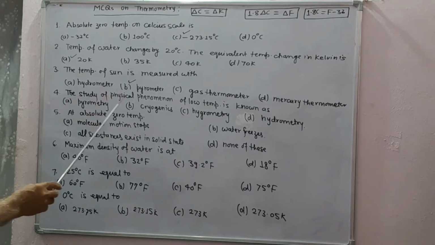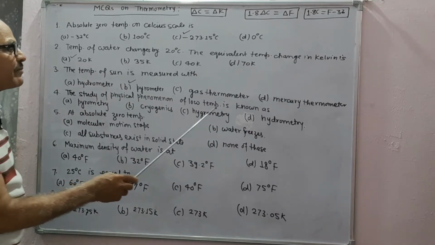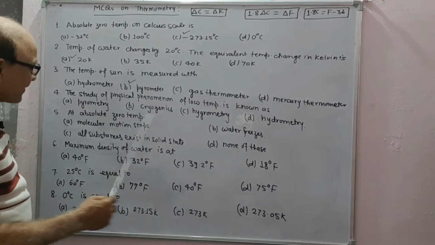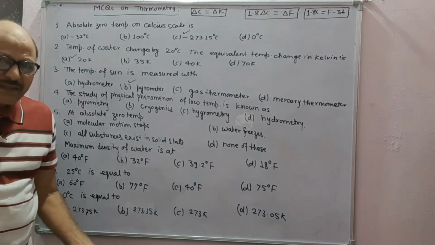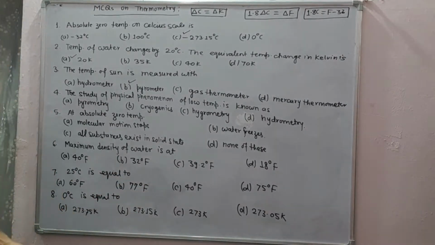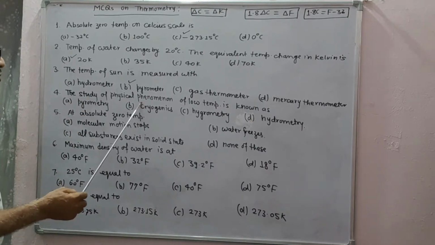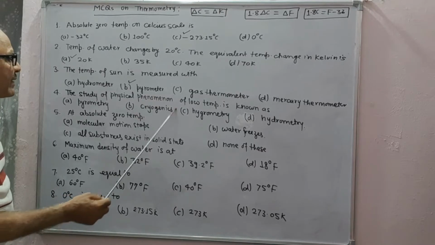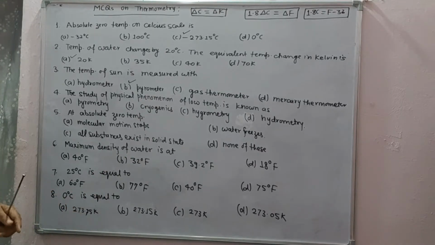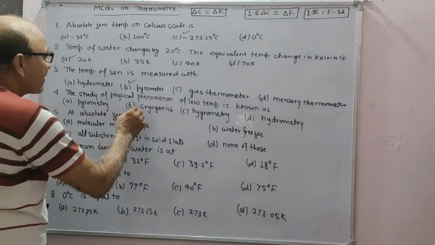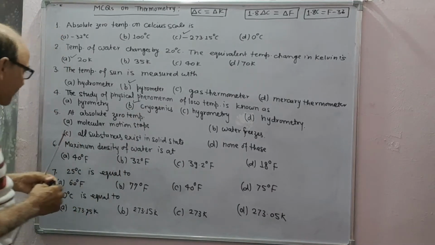The study of physical phenomenon of low temperature is known as, options are these, and the production and study of low temperature is known as cryogenics. Therefore, the correct answer will be B, cryogenics.